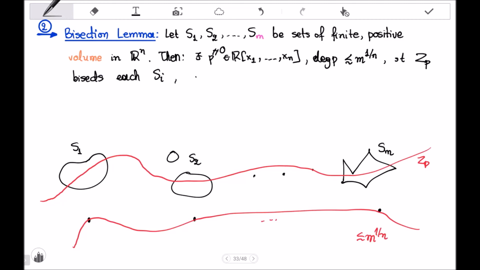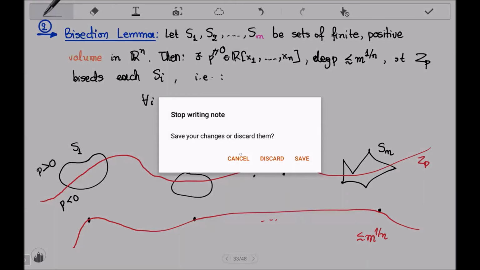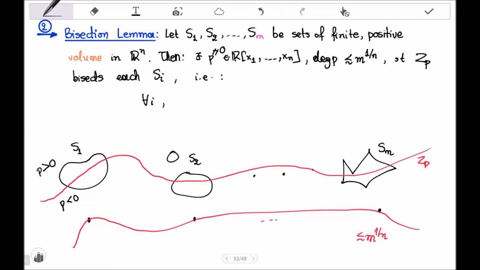And what do we mean by that? It means that for all i, like for S1, I'm looking at the part of Si where the polynomial is positive, and I'm looking at the part of Si where the polynomial is negative. Those will have the same volume. So for every Si, the part where the polynomial is positive will be the same in volume as the part where the polynomial is negative.